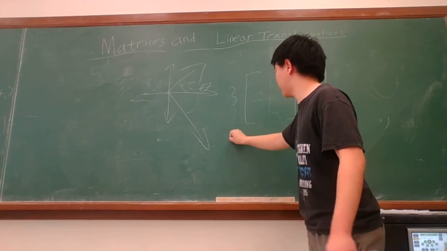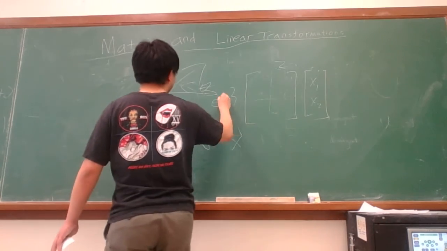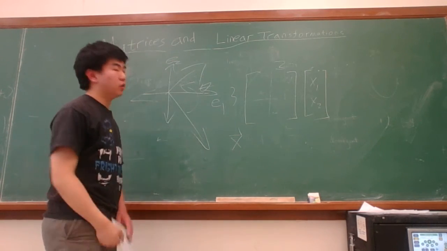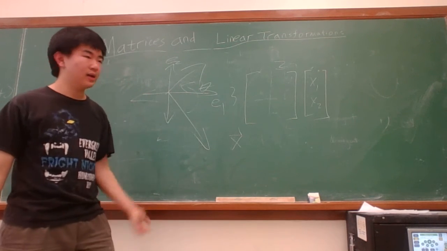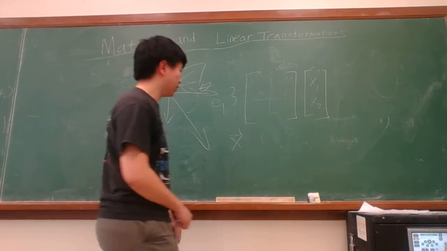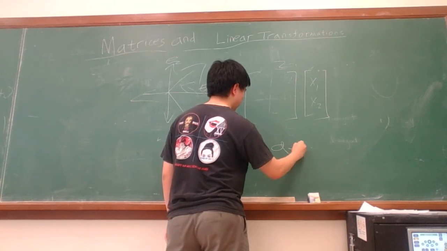So if this vector x, we're going to call this E1, we're going to call this E2, standard basis. And why? Well, it's because they're easy. They only have one component. They're axes, right? This only has x, and this only has y. Everything else has a combination of both. So this is a combination of both, right?